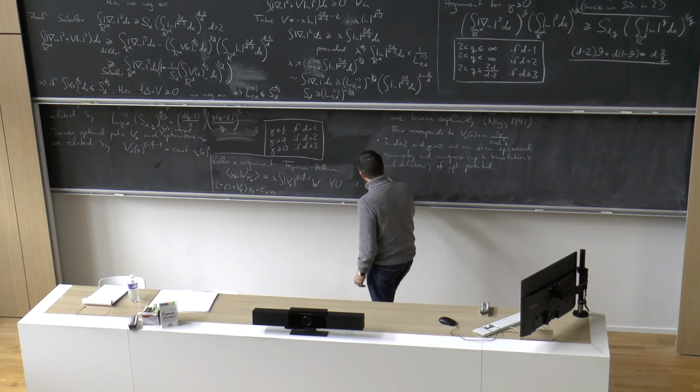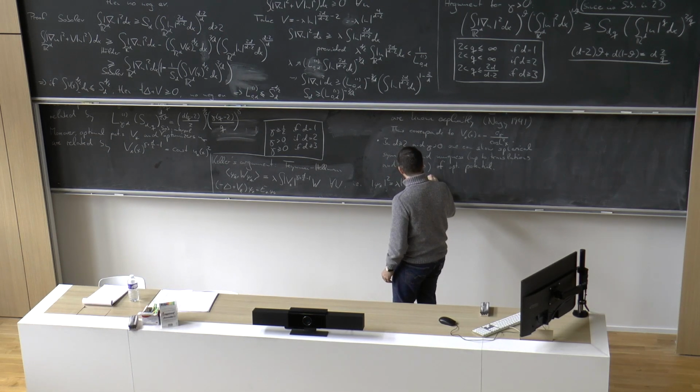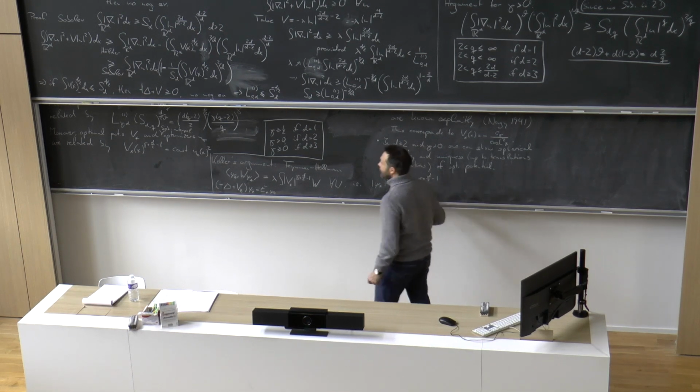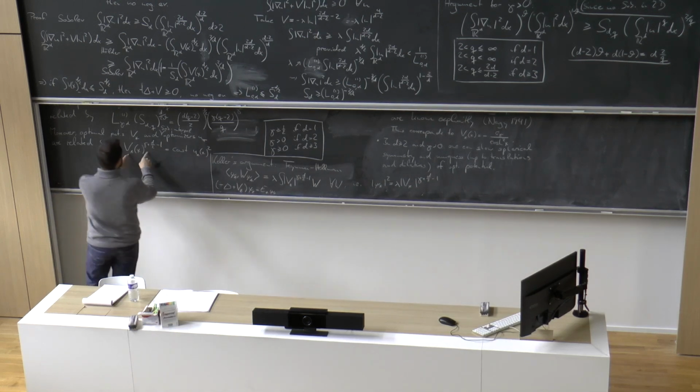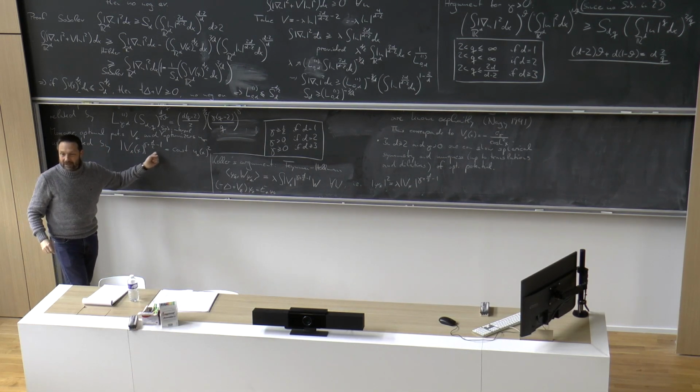psi star squared is equal to lambda V star to the gamma plus D over 2 minus 1. And see, that is exactly, actually I forgot the absolute values here, that's exactly this equation.